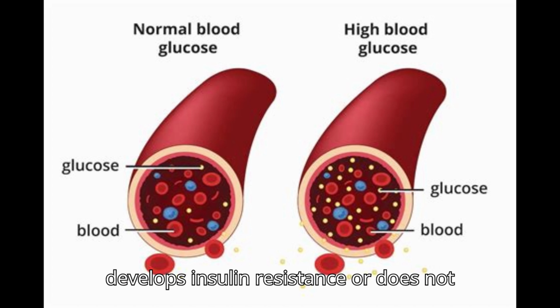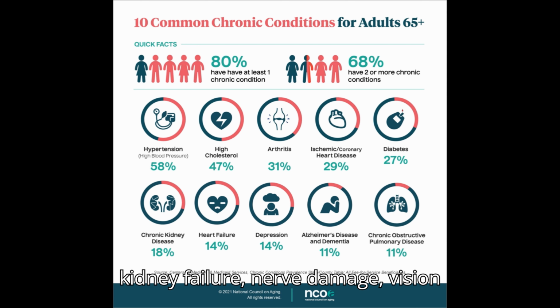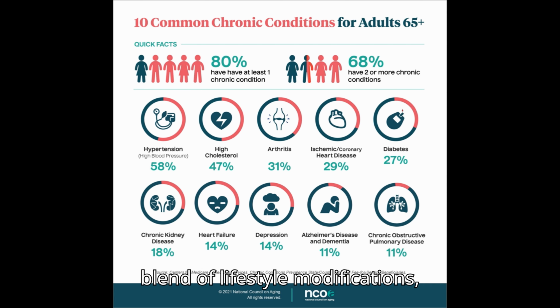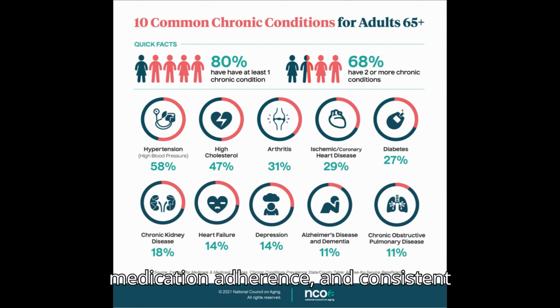Diabetes extends beyond mere blood sugar management. If not properly managed, it can result in severe complications such as heart disease, kidney failure, nerve damage, vision impairment, and even amputations. Effective diabetes management requires a blend of lifestyle modifications, medication adherence, and consistent blood sugar monitoring.